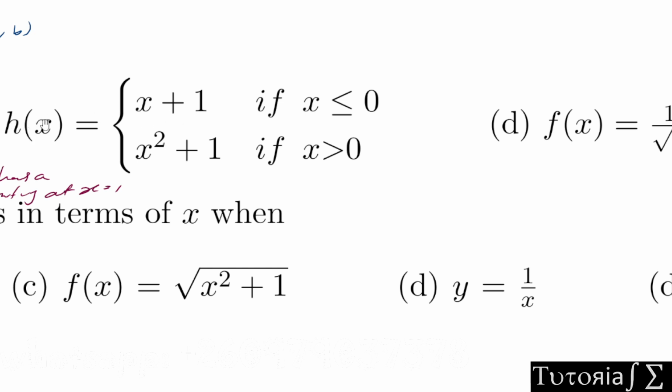How you read this function is just the same. You just say this is the same thing as y is equal to x plus 1 if x is less than or equal to 0. Then this one can be read as y is equal to x squared plus 1 if x is greater than 0.